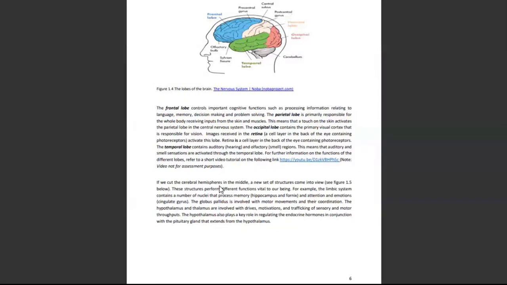Then moving on, beside the two halves of the brain, the left side and the right-hand side, we have this structure.